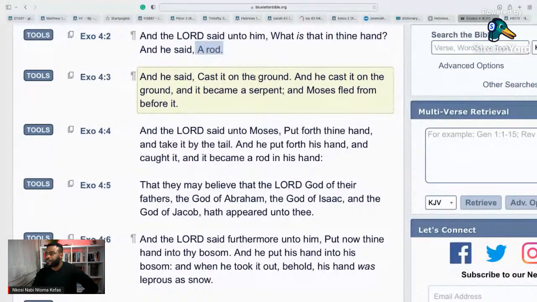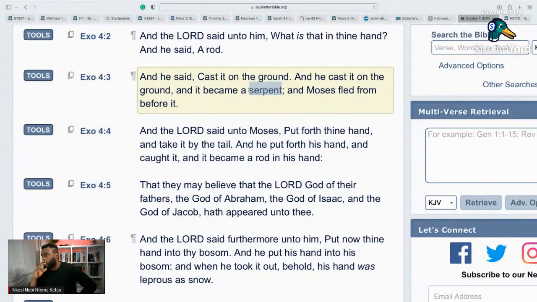Because he told him to cast his rod, which is an object of power, to the ground. And as soon as he cast it to the ground, it became a serpent. See, once again, this word serpent is the same word that is used in Genesis 3, verse 1.